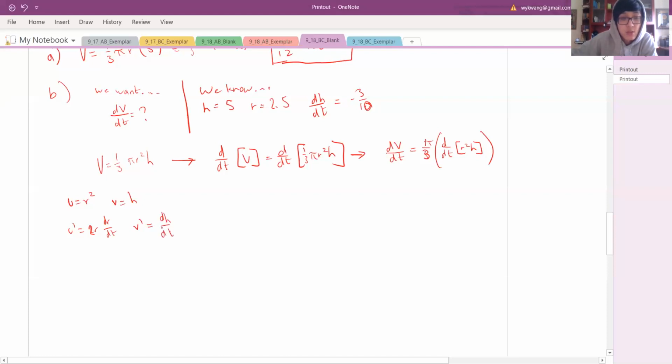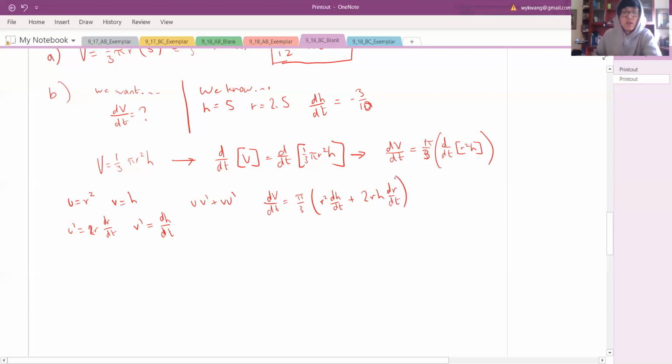Then we know that product rule is u v prime plus v u prime. So dV over dt from the previous step is equal to pi over 3 times u v prime, which is r squared dh over dt, plus v u prime. v is h, u prime is 2r dr over dt. I'll multiply h into that, so it'll be 2rh dr over dt.